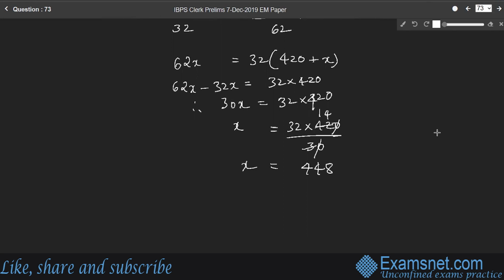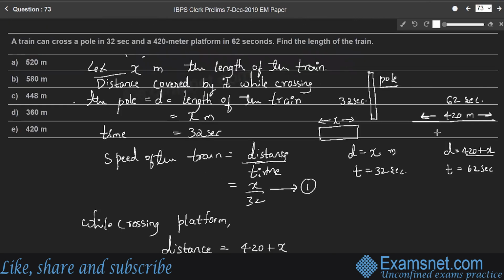So x is 448 meters. What is x here? The length of the train according to our assumption. Therefore, the answer is the length of the train is 448 meters. Option C.